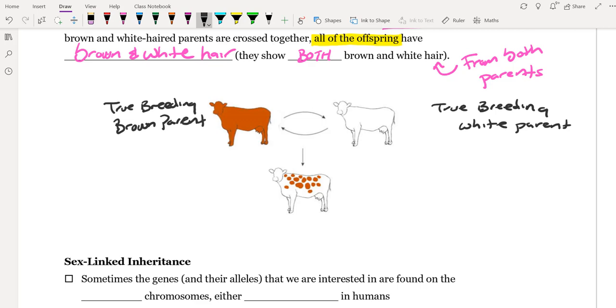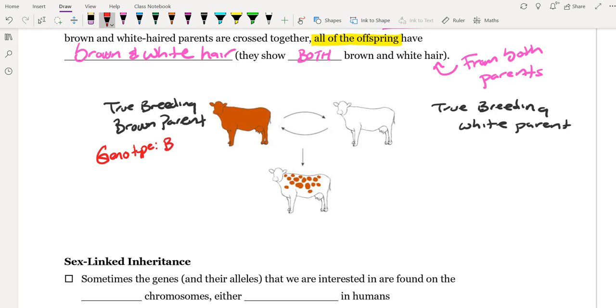Okay. Now, so what are their genotypes? Right? What are the alleles when I say genotypes? So genotype, what alleles are shown, are there.